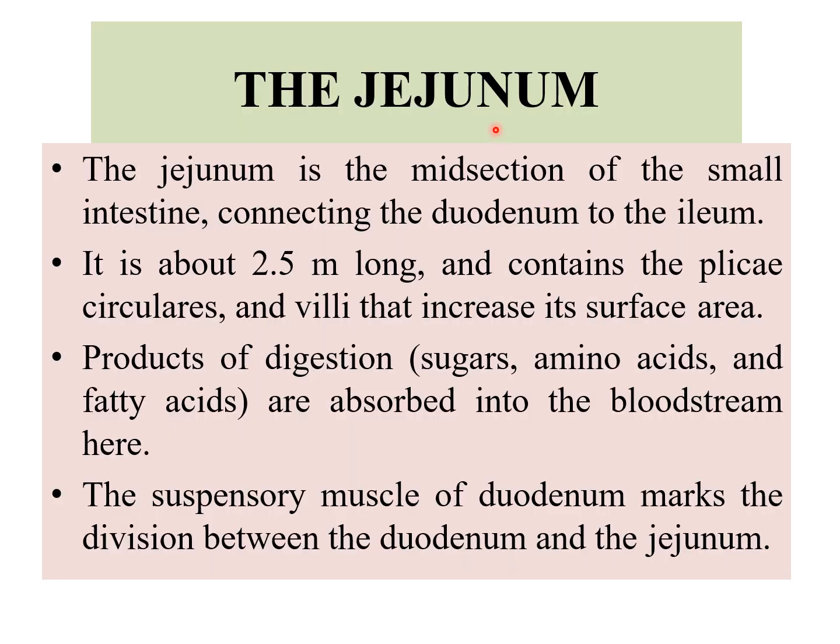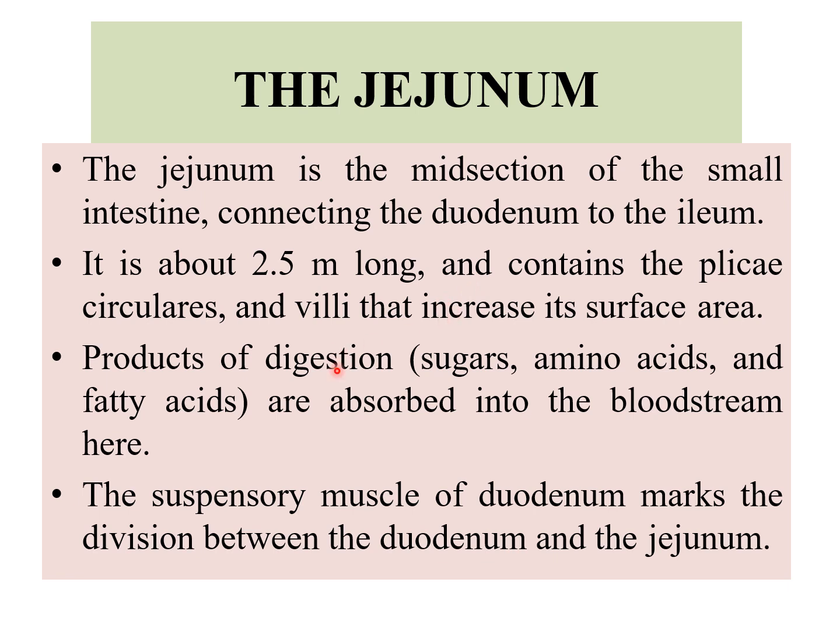The second part of the small intestine is the jejunum. The jejunum is the midsection of the small intestine. It connects the duodenum to the ileum. It is about 2.5 meters long and contains structures called plicae circulares and villi that increase its surface area. Later we will see what plicae circulares and villi are.